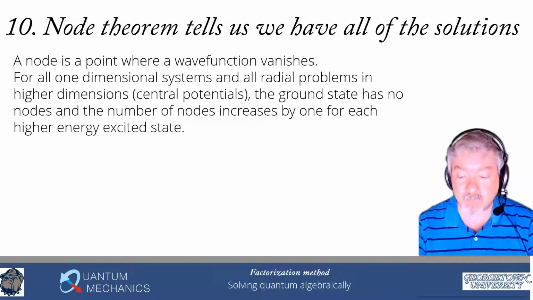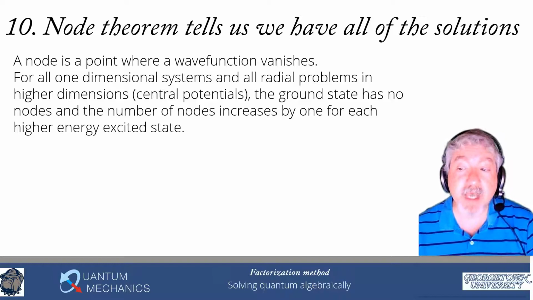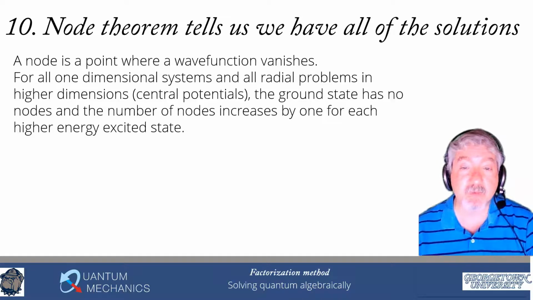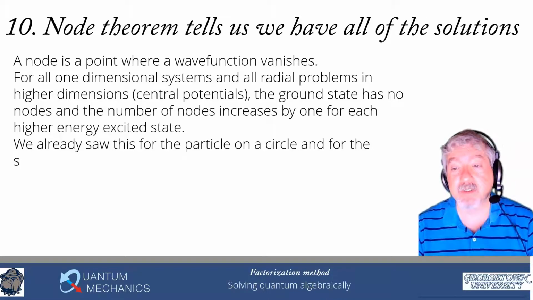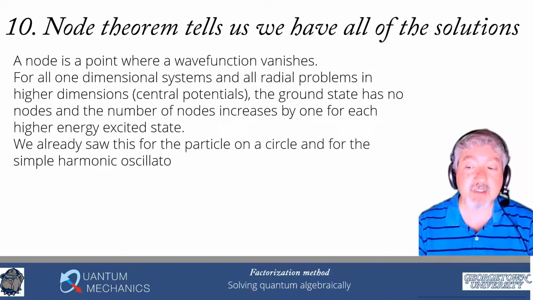And what that means is I can tell you which excited state I have simply by counting the number of nodes that I have in the wave function, but it also allows me to tell whether or not I have all of the wave functions. If I have all of the nodes starting from 0 up to infinity, then I have all of the wave functions. So we already saw that this was the case for the particle on a circle and for the simple harmonic oscillator.